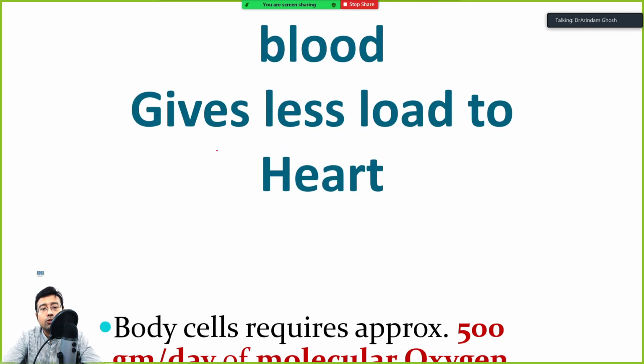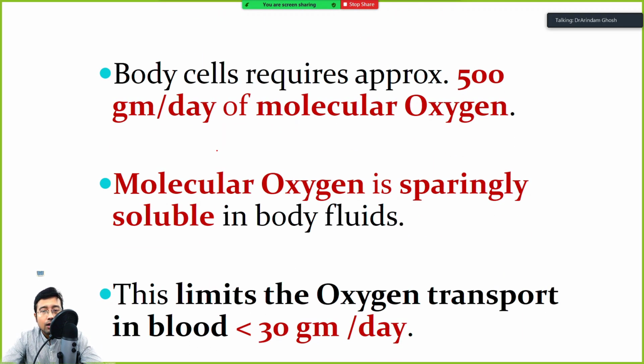Okay, now I told you that oxygen is almost insoluble, sparingly soluble. Very small amount is dissolved in blood, right? So if it were to travel in only soluble form in blood, okay, then heart would have needed to perform in excess.